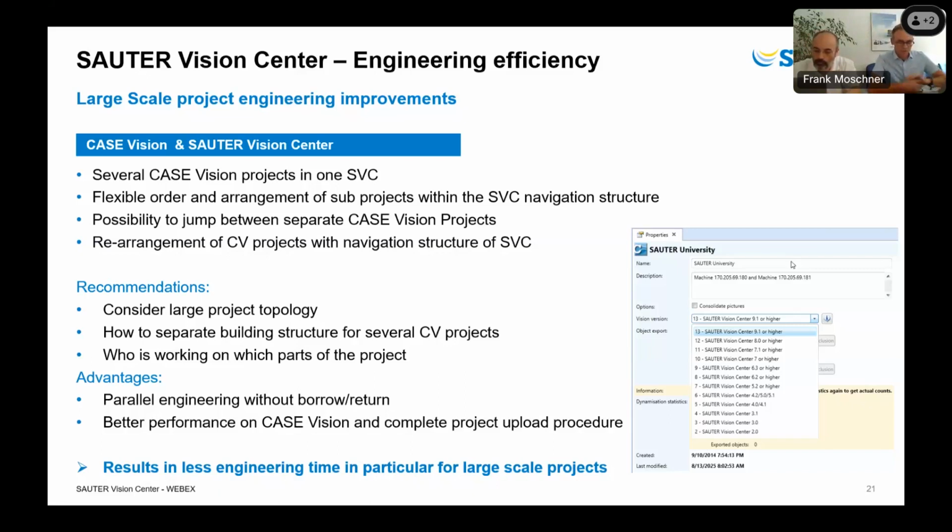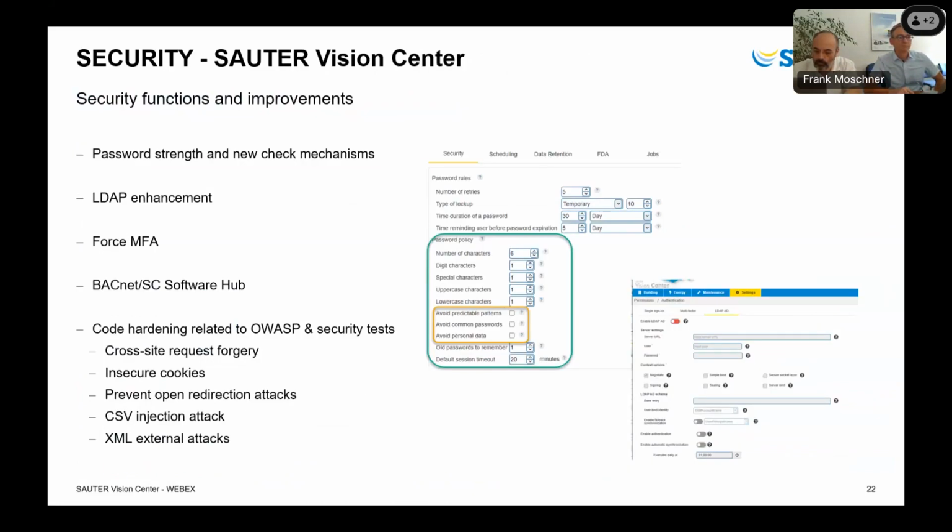Maybe a main project, and then certain buildings or certain areas as projects as well. Also consider who is in charge of that, and maybe who is doing the engineering, because that makes project engineering and updating a lot easier.